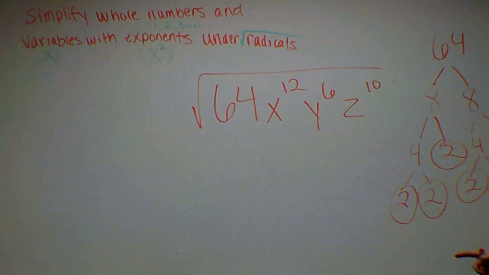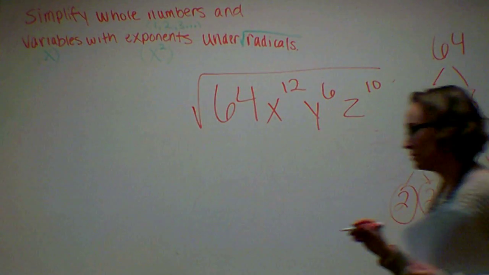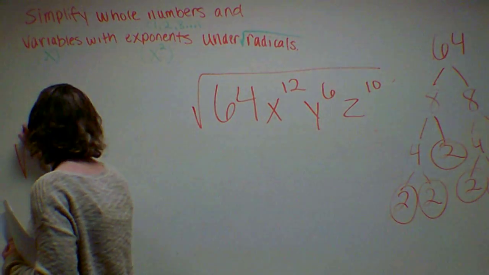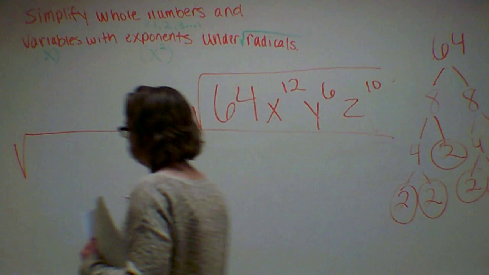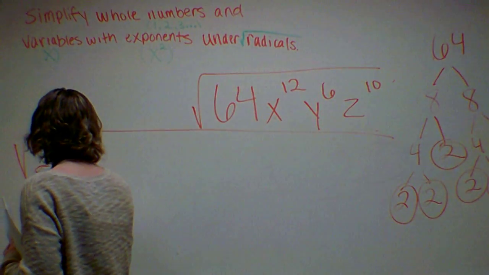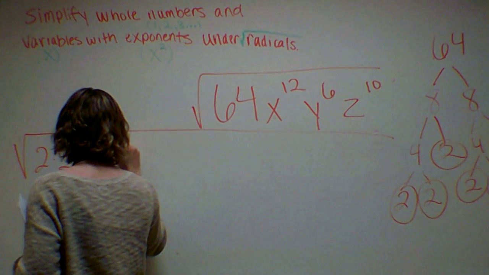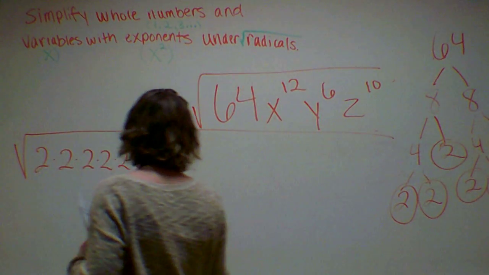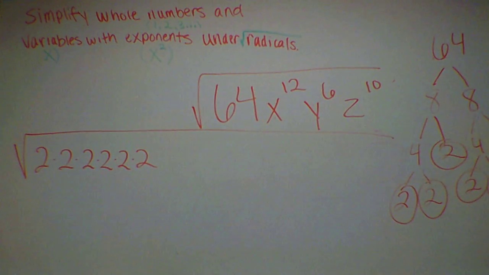Alright, so 1, 2, 3, 4, 5, 6. 6 2's. This is gonna be a long one. Now what? X. How many? 12.